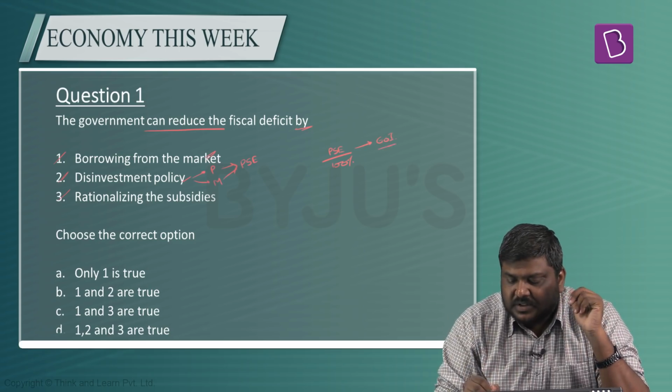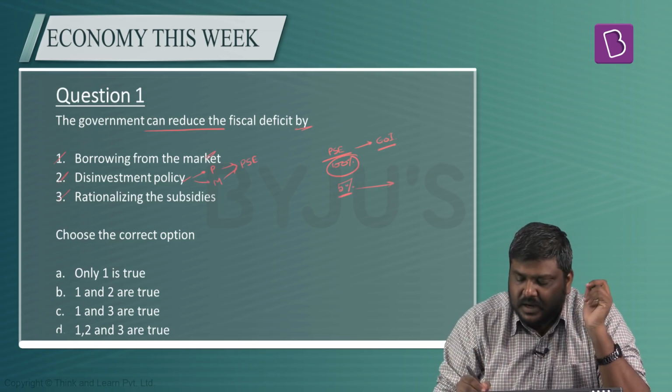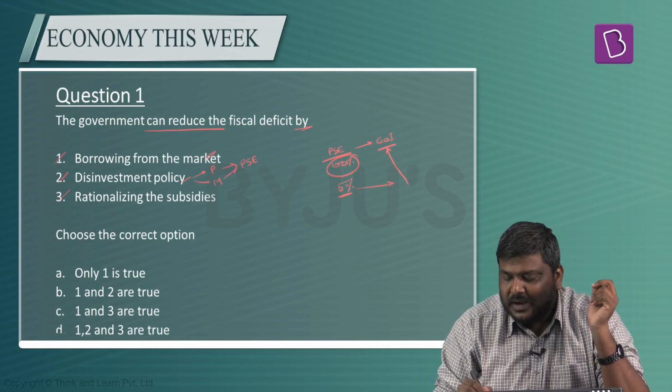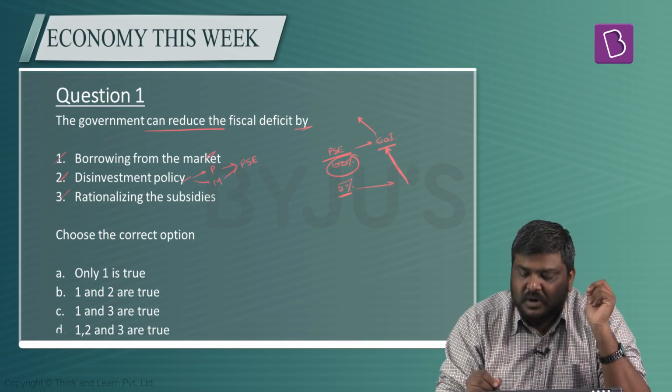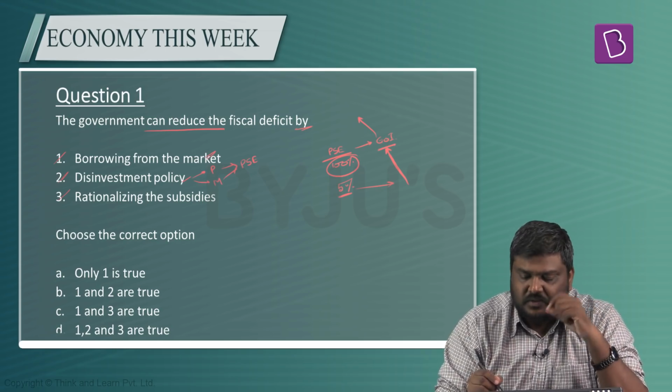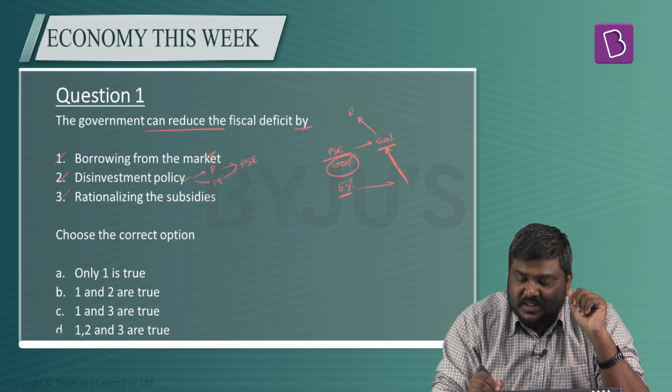Let's say in this financial year, the Government of India decides to sell 5% of the stake of this company. By selling this stake in the market, the Government of India will be able to collect a lot of money, which will help the Government of India's numbers increase in the form of receipts.